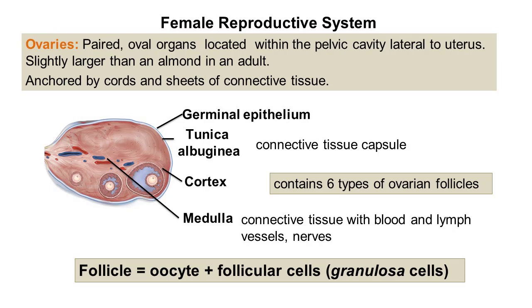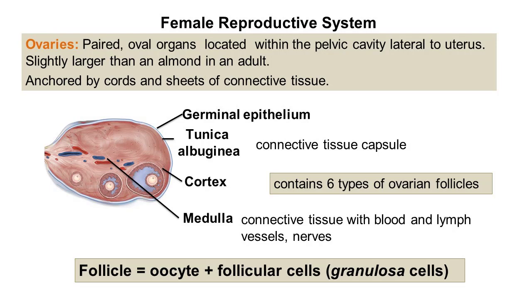The cortex is typically where we're going to see the earliest of our oocytes, the eggs, and the cells around them that make them into a follicle. We're going to find those scattered throughout the cortex, and you can see some of these follicles in various stages of maturation. So we're going to go through that process as well.